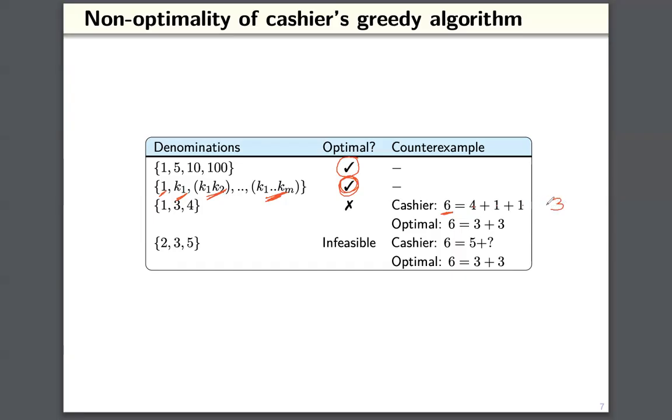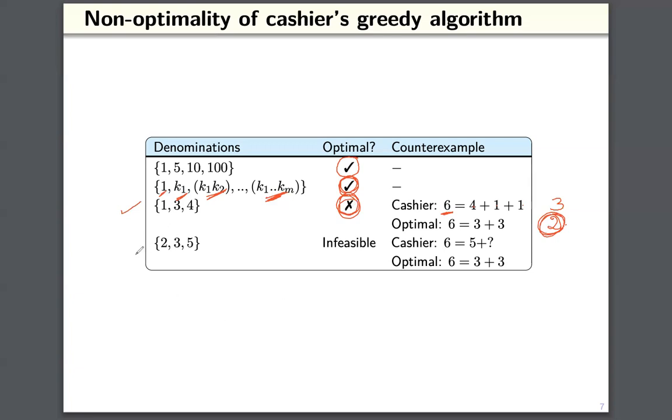The optimal would have been 3 plus 3, just 2. Min coins is 2. So in this instance, you did not get an optimal solution. You did not achieve the minimum number of coins.